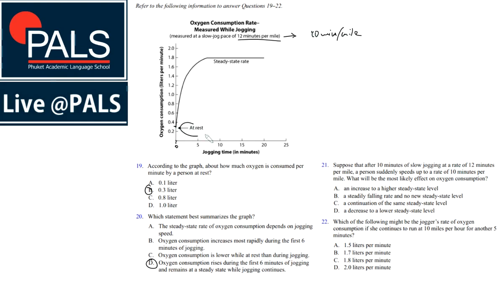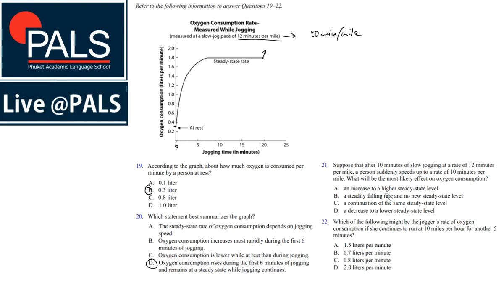We can already see the difference from rest and running. When we start running from rest, our oxygen consumption goes up. So if the person runs faster, we can probably assume that the oxygen consumption will rise after that.